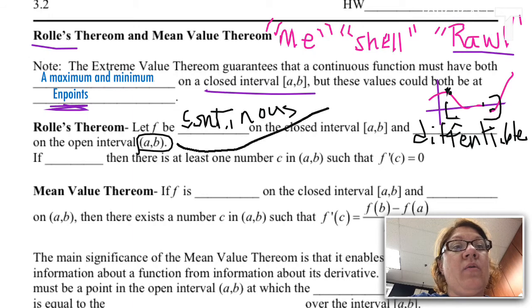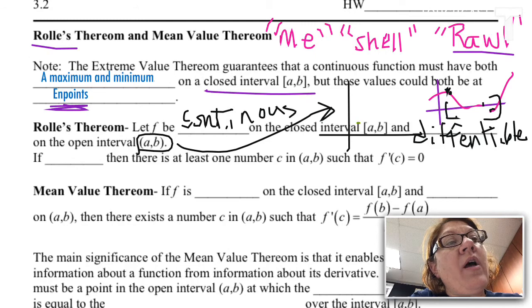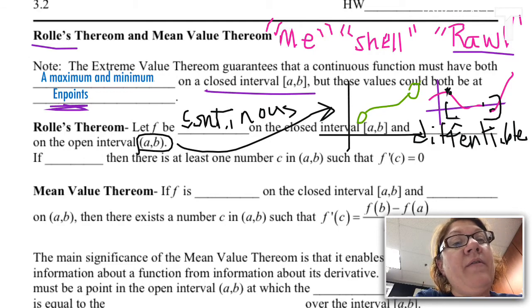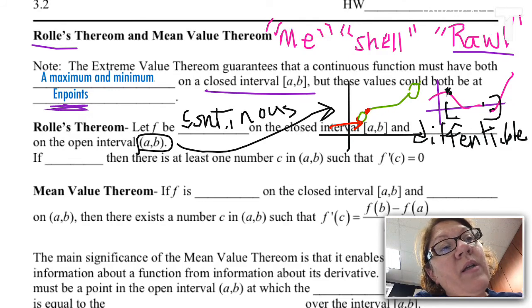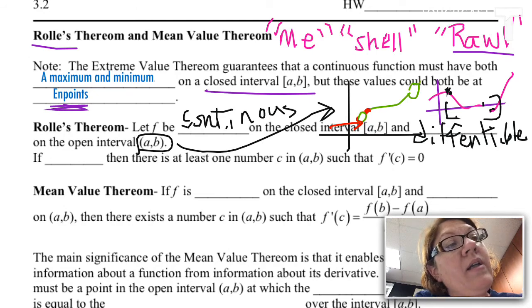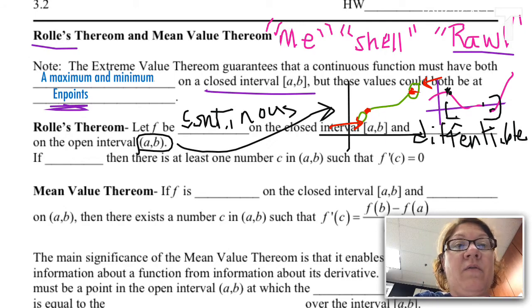Keep in mind that as long as when I draw this, it's open, then technically I can still swoop in from the left because it's just a little bit inward, and I can get the derivative of that left endpoint. And technically, I can swoop in from the right because it's not at the very end. It's a little bit in from it, so I would be able to find the derivative a little bit farther in, if you know what I mean.